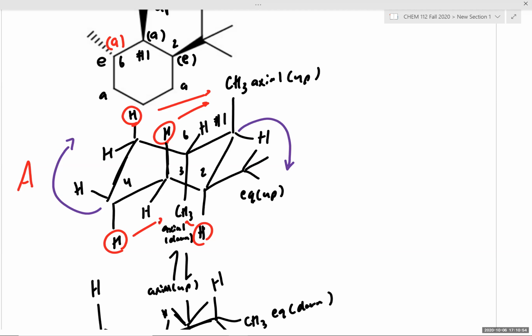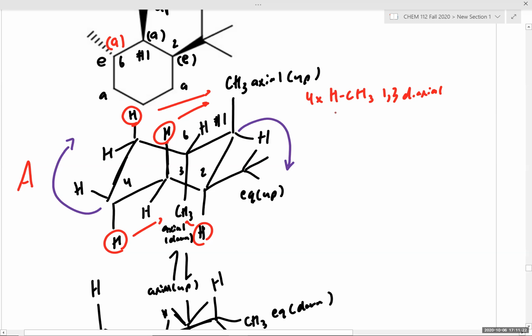So we have a hydrogen methyl 1,3 diaxial interaction. Okay. And how many of these 1,3 diaxial interactions do we have? We have 4 of them.